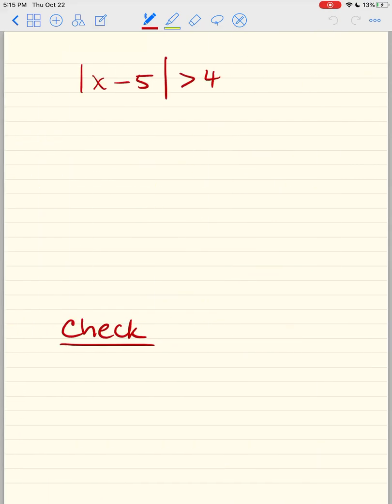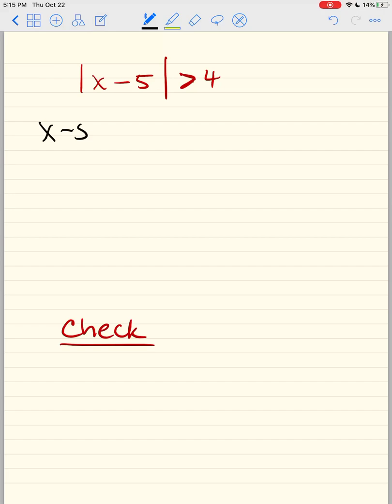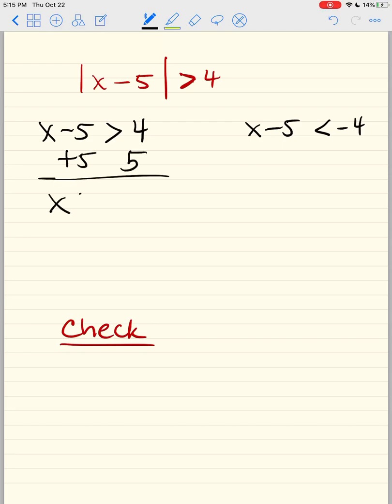Let's try one more. Same exact story, but now it says greater than, okay? So I'm going to do the same thing. I'm going to write it exactly the way it looks, and then less than and the negative of it. I'm going to add 5 to both sides, and I have x is greater than 9. I'm going to add 5 to both sides. I'm going to have x is less than 1.